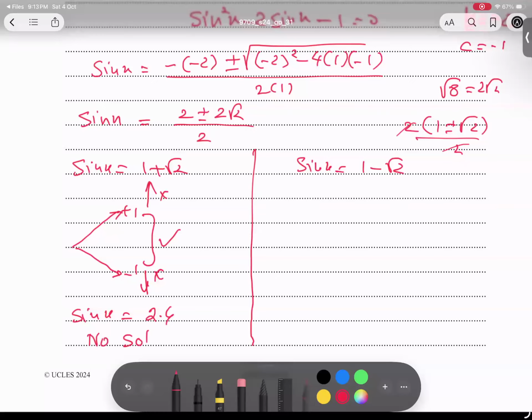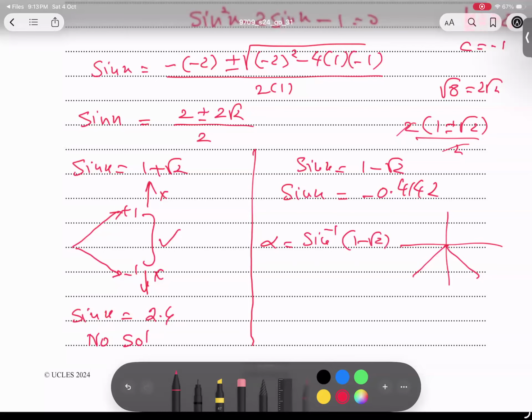Now I'm going to type it in the calculator. First of all, it is negative. If you type 1 minus root 2 in the calculator, it gives you negative 0.4142. So this value is naturally negative. In which quadrants is sine negative? Here and here. So I will take the sine inverse. I take alpha as sine inverse of 1 minus root 2.